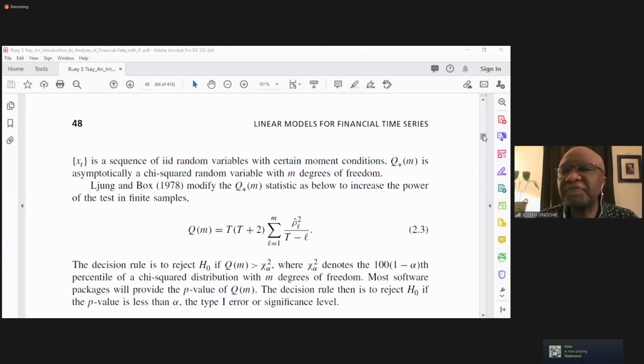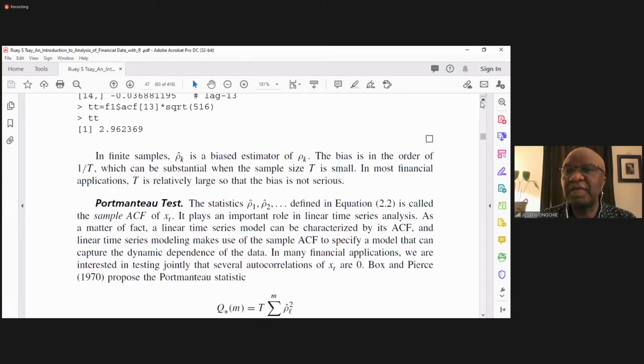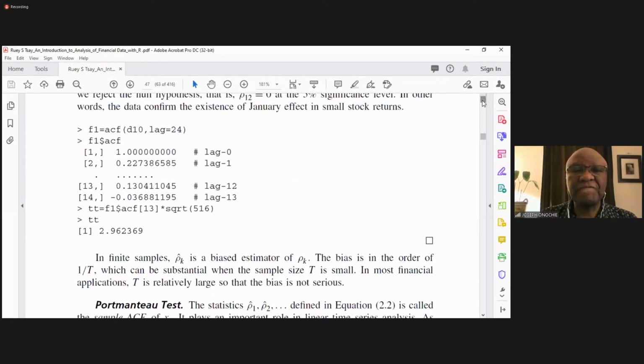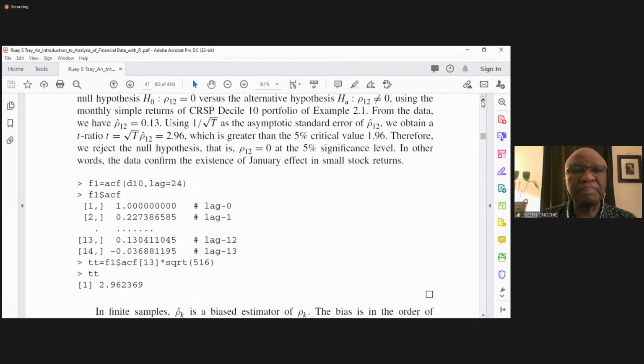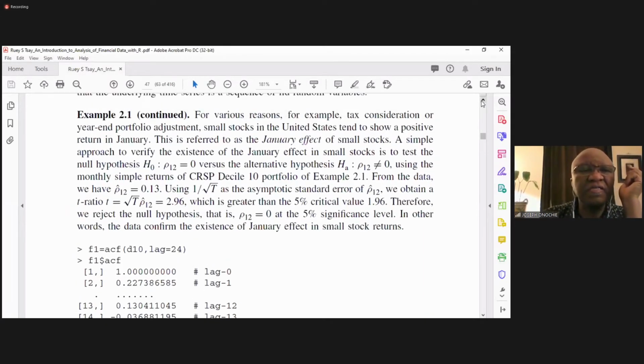I am on page 48, so let's go to page 47 or 46. Okay, this is on page 47, example 2.1 continued. You see, everybody?